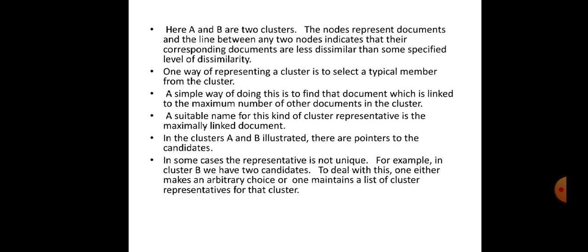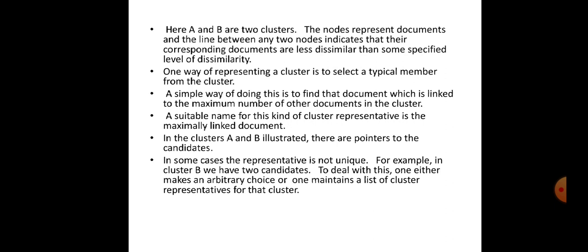So here you can see A and B are two clusters. The nodes represent documents, and the line between any two nodes indicates that their corresponding documents are less dissimilar than some specified level of dissimilarity. Node means documents, that line means the relationship or the similarity between two documents.